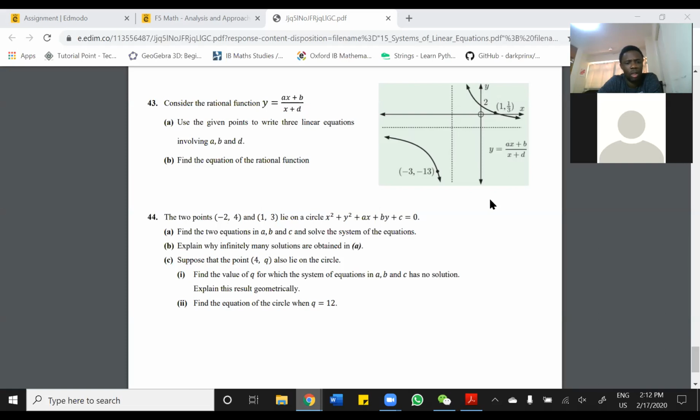Suppose (4, q) also lies on the circle. Find the value of q for which the system of equations in a, b, c has no solution. Explain this geometrically. Then find the equation of the circle when q is equal to 12.